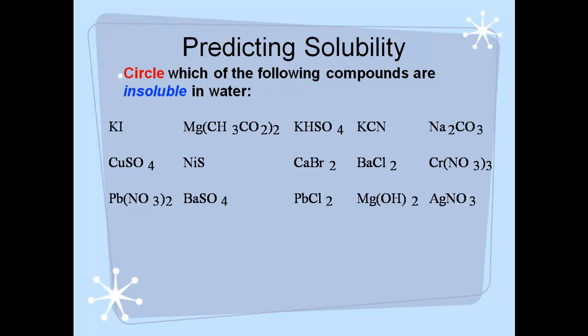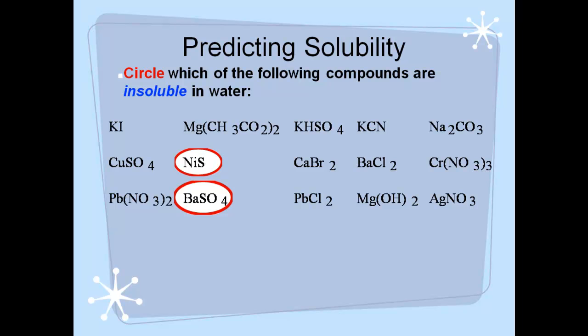All right, welcome back. Hopefully you've gone through every single one and you've been able to identify the ones that are insoluble in water. So the first thing we're going to look at is nickel(II) sulfide is insoluble. That sulfide ion is not soluble when it is bonded to nickel. Barium sulfate is an exception.